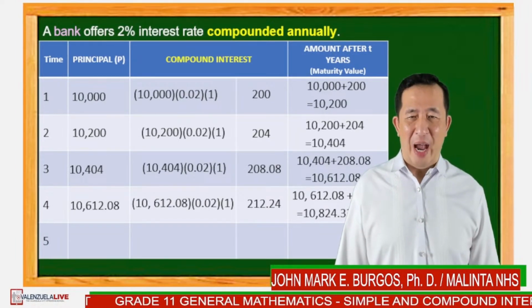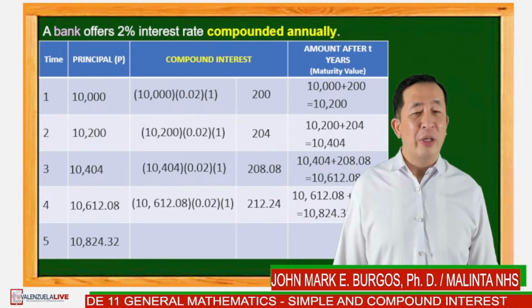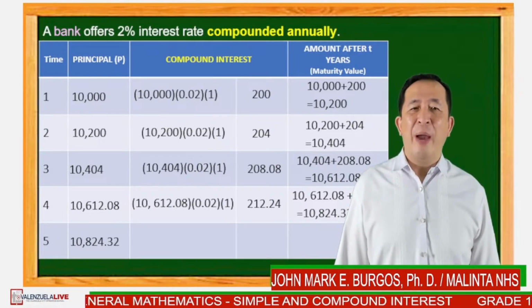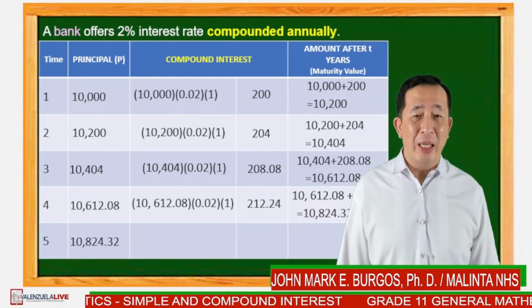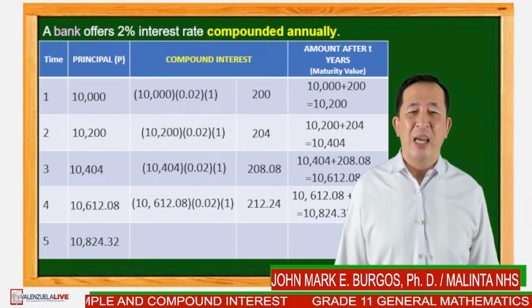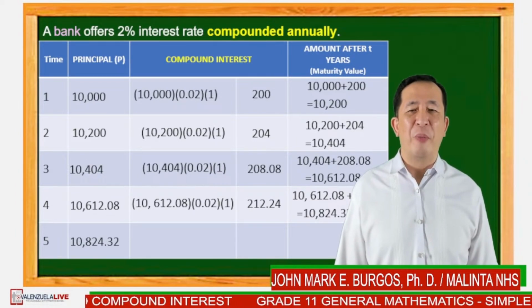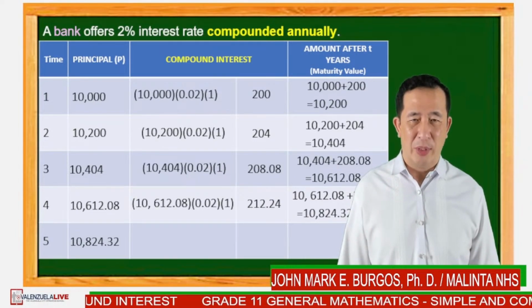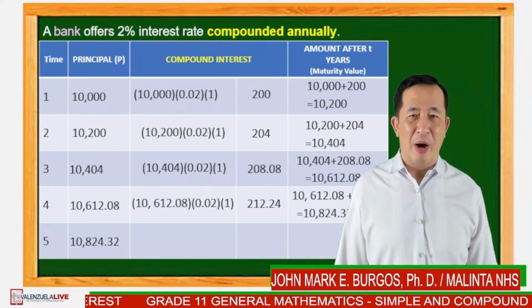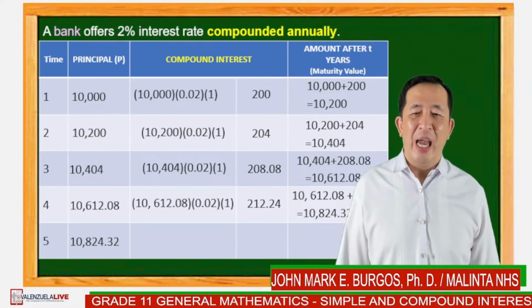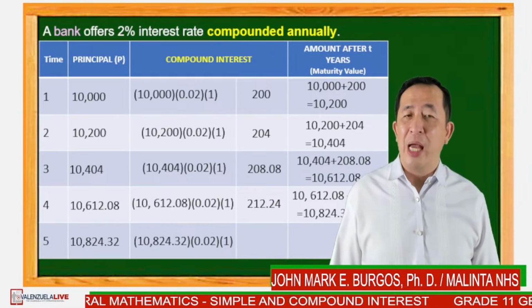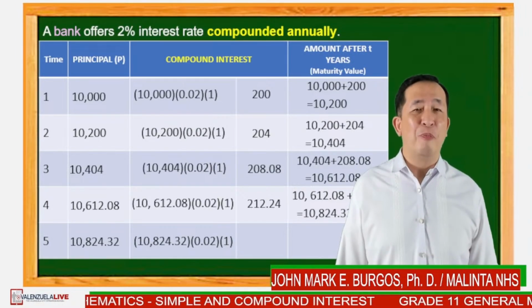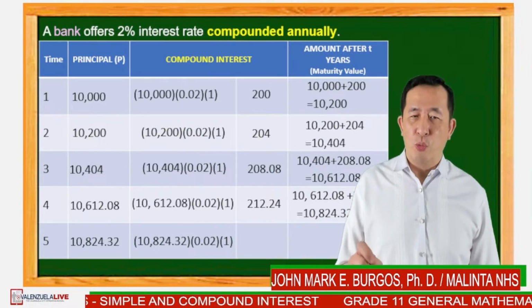On year 5, for the principal, we have to start with the computed maturity value in year 4, and that is 10,824 pesos and 32 centavos. And to compute for the compounded interest, it will be 10,824 pesos and 32 centavos multiplied by 0.02 times 1.